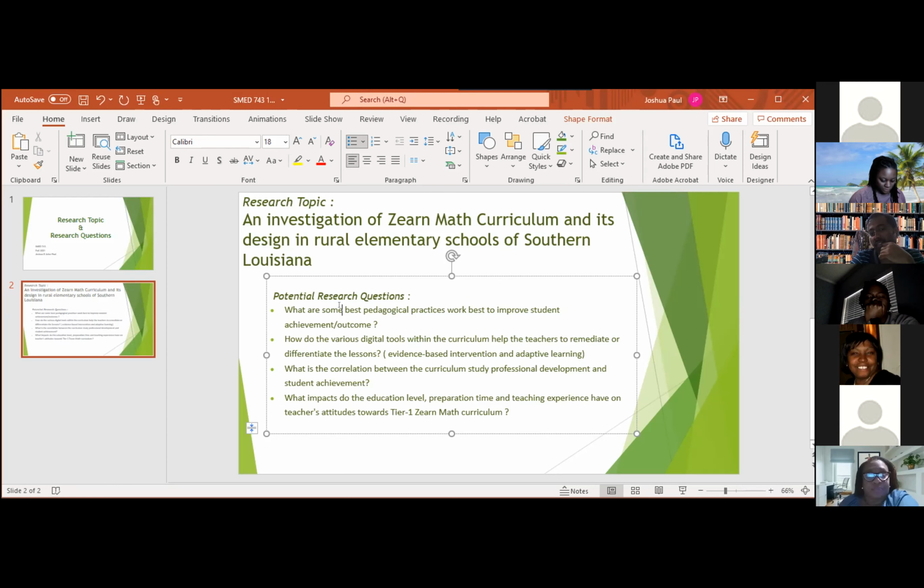So I want to do an experiment: instead of the 50-50 model, just deliver the instruction to the whole class, and then give the independent practice on the laptop after 30 minutes of whole group instruction, versus teaching one small group for 30 minutes and then another 30 minutes, switching the group. So it's like a double dose, right?